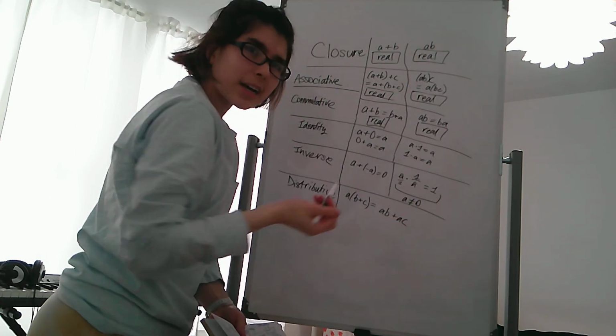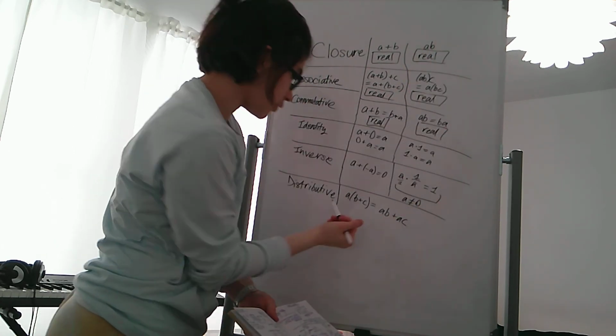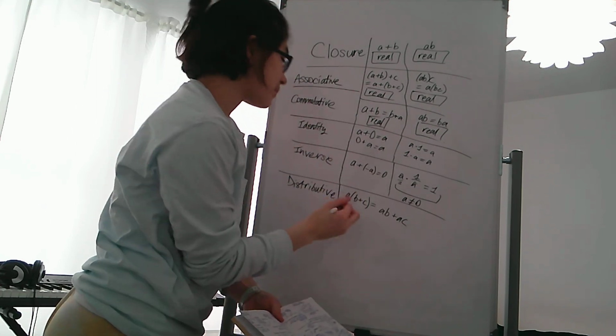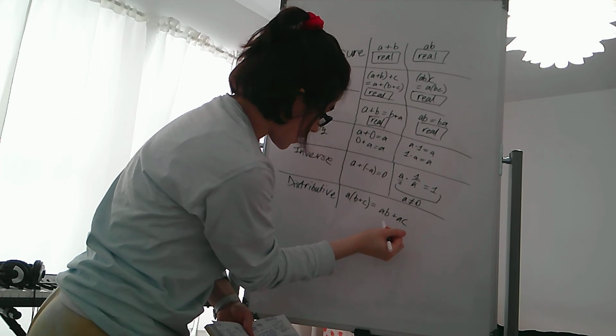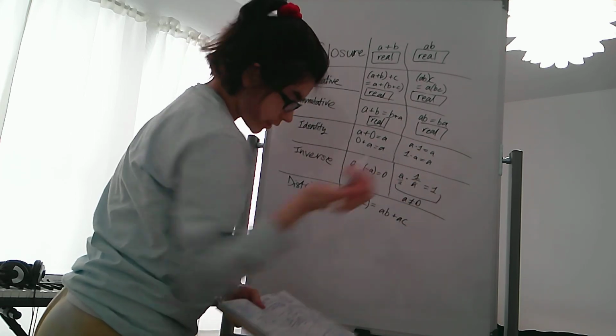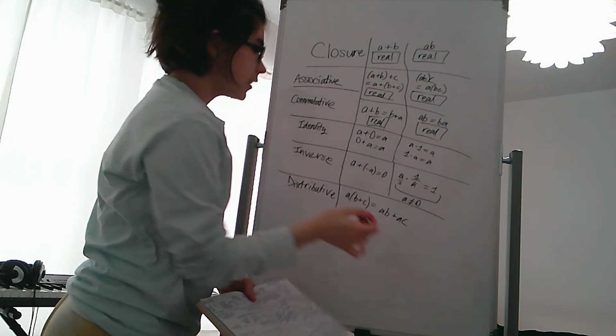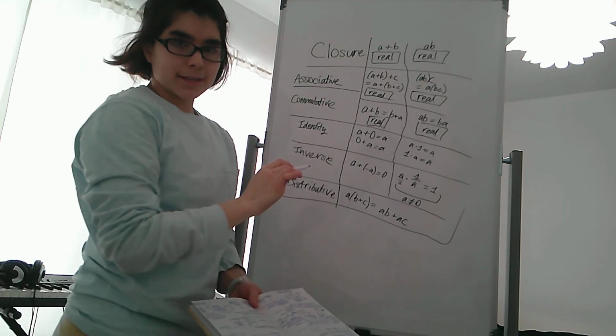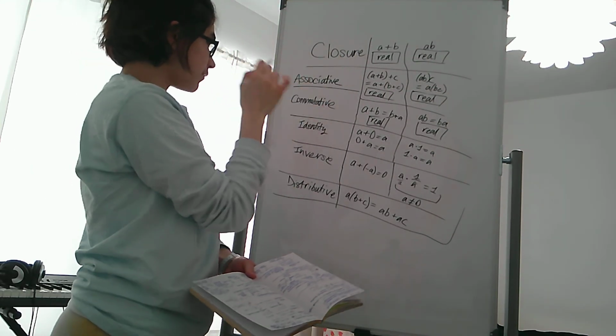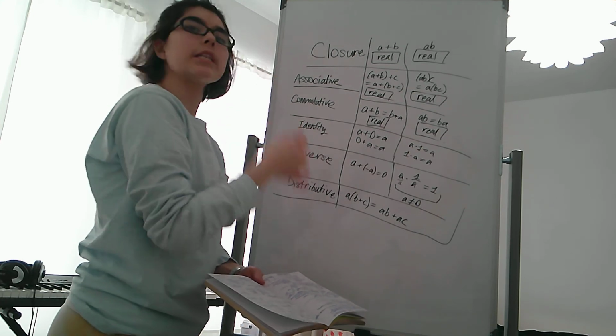This one couples both those operations. So A times the quantity B plus C is just the same as multiplying A times B plus A times C. So those are the major properties of real numbers: closure, associative, commutative, identity, inverse, and distributive.